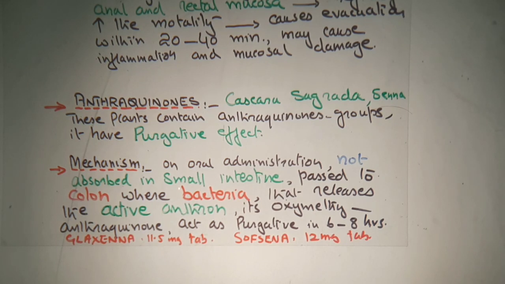What is active anthrone? These are the oxymethyl derivatives of anthraquinone. They act as a purgative in 6 to 8 hours. So these are the anthraquinones and their mechanism of action. That is how they show the purgative effect.